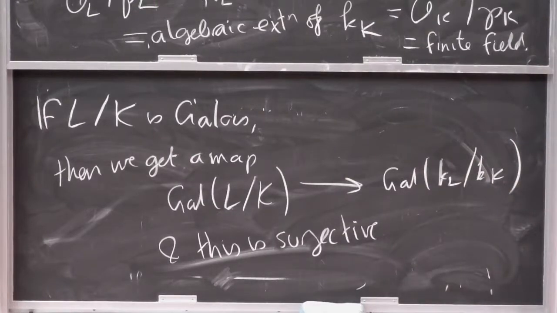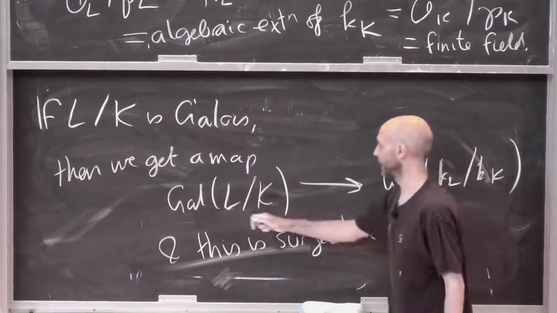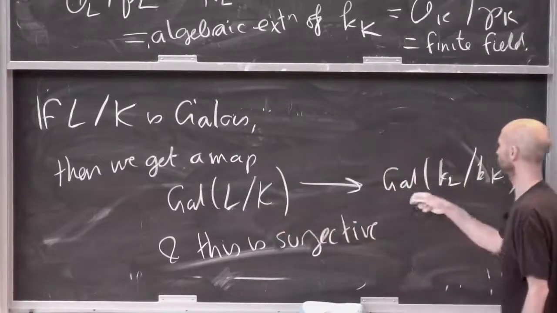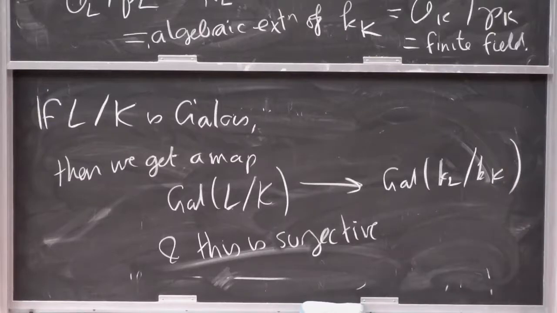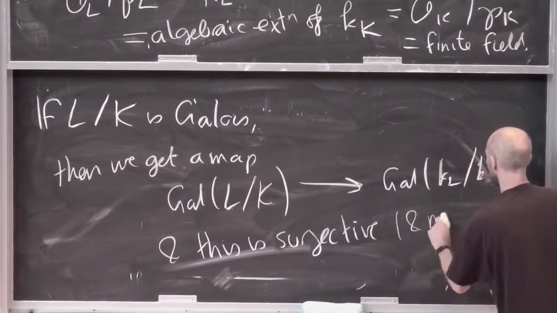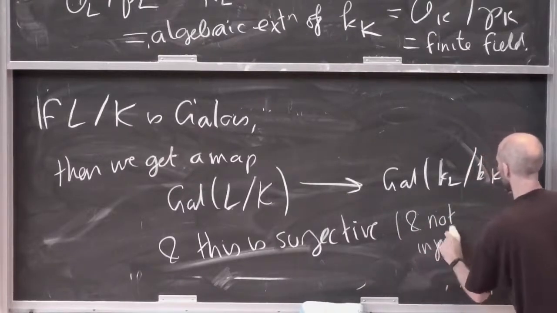And the residue field would just be the field with p elements again. So Qp root p over Qp is going to be Galois with group of size 2. But the residue field hasn't changed at all, so the residue extension would have size 1. So this is surjective and not injective in general.